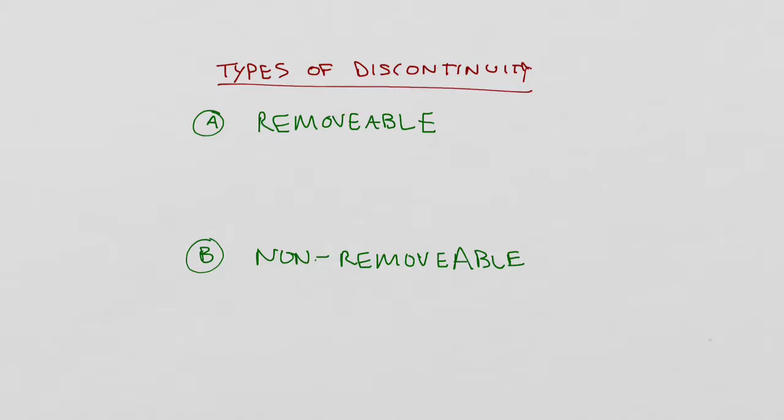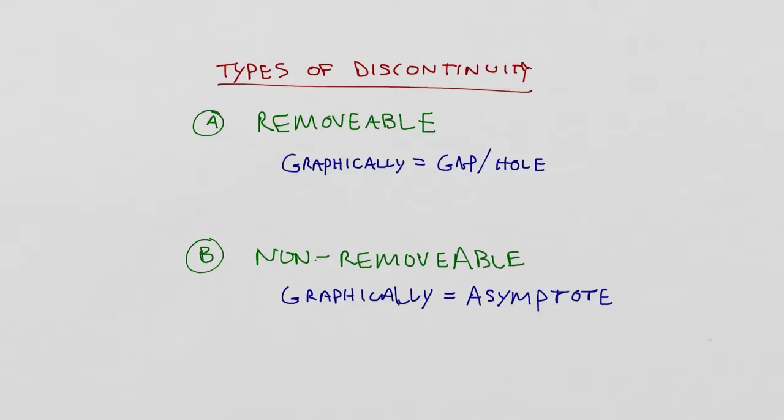So let's jot this down. There are two types of discontinuities that we're looking at right now. There are more, but for now there are removable and non-removable discontinuities. Graphically, a removable discontinuity gives us a gap or a hole, and graphically a non-removable discontinuity shows up as an asymptote.